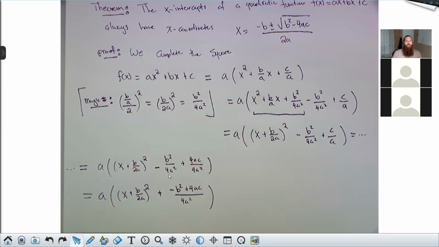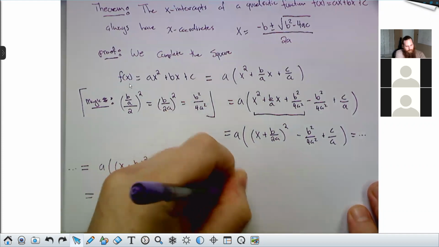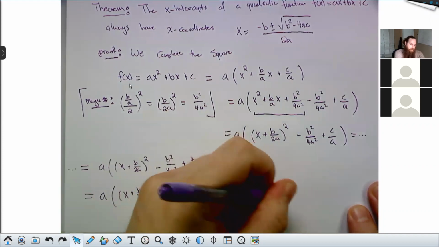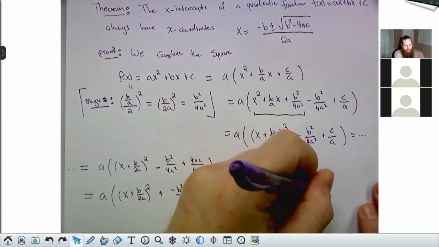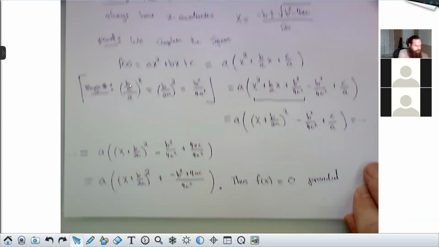Remember what we're trying to do. We're trying to find the x-intercepts. And this is f of x. Therefore, f of x is equal to 0. Those are how you find x-intercepts, provided this is equal to 0.